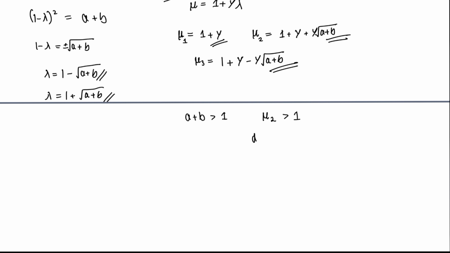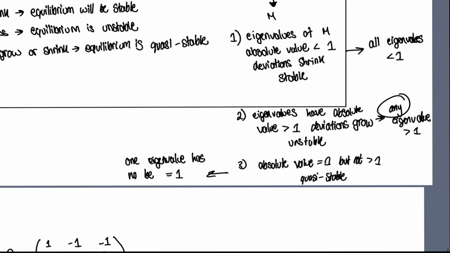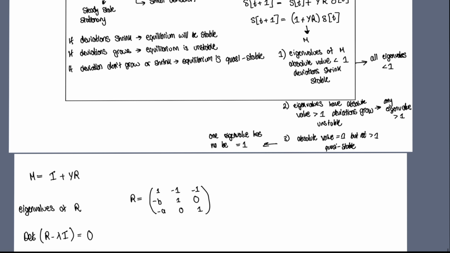That means deviations grow and the stationary state is unstable. And that is because if any of the eigenvalues are greater than 1, deviations grow and we have an unstable stationary state.